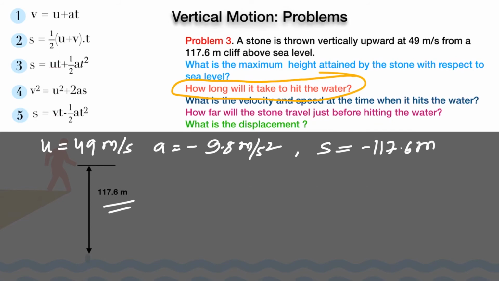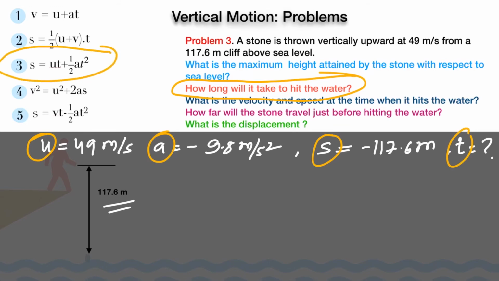And we need to find out the time to hit the water, right? Here we have three known variables and one unknown variable. According to this, equation number 3 is most suitable to find the time.